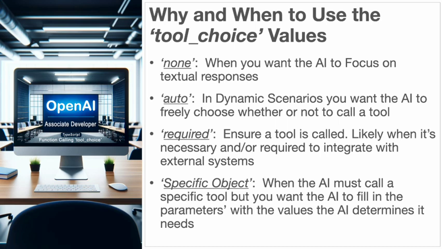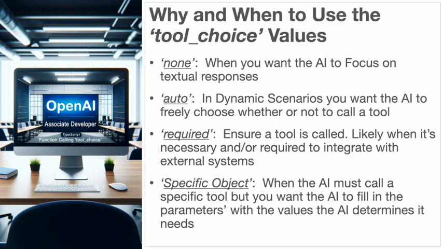Use required when you need to ensure that the model calls a function, such as when integrating with critical external systems or APIs that provide essential data. Specify a particular tool when you have a specific function that needs to be called for a particular user query, ensuring that the model uses that function to provide its response.